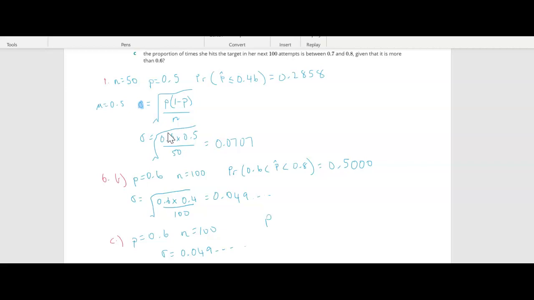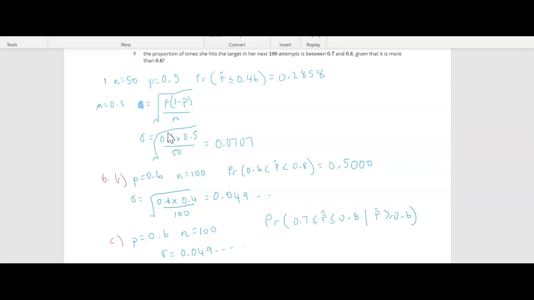Okay, so this time we're finding the probability that the proportion of time she hits a target in her next 100 attempts is between 0.7 and 0.8, given that the proportion is more than 0.6.